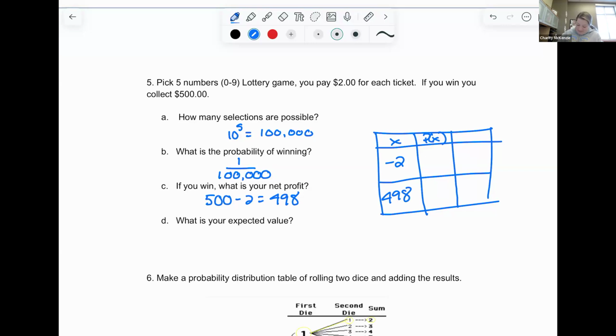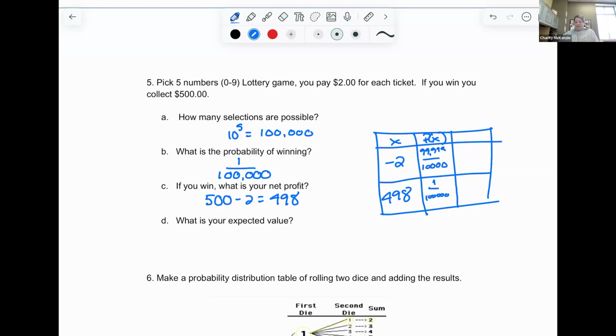The probability for winning was the 1 over 100,000. What's the probability for losing? You can do 1 minus that probability, right? Or 99,999 out of 100,000.